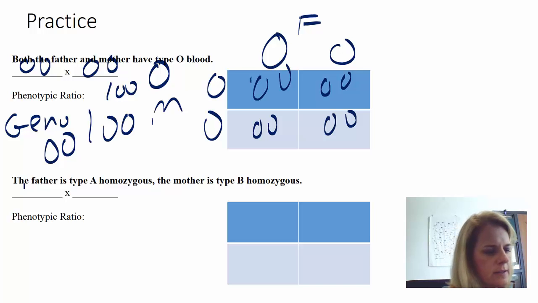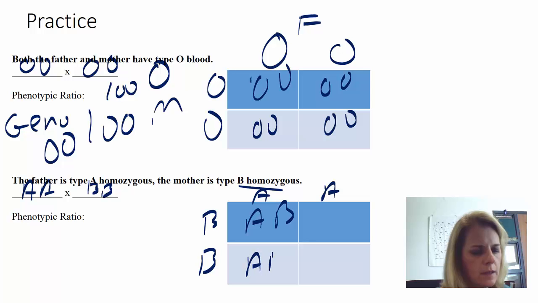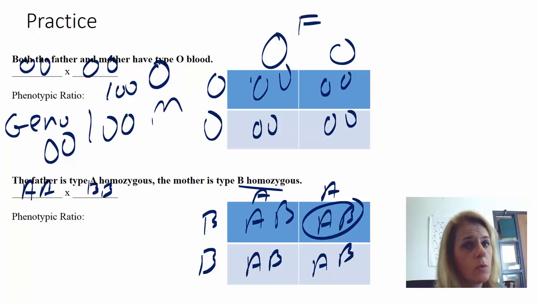So we say, okay, dad is AA, mom is homozygous BB. So AB, AB, AB, AB. All right, so the genotype, 100% of the children will be AB, and the phenotype, 100% of the children will be AB blood.